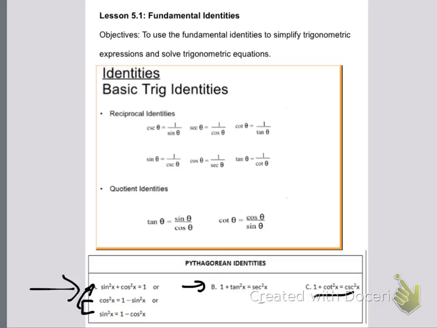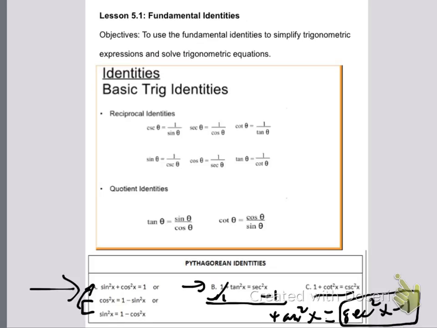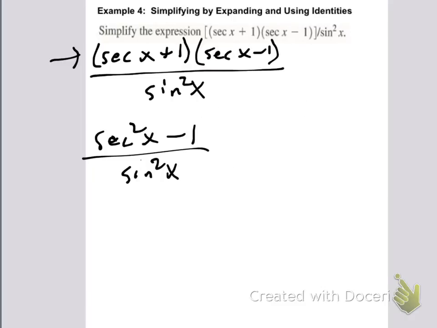It's not minus 1, but I could manipulate it so that it would be. So tangent squared x equals secant squared x minus 1. Well, this is the numerator of our fraction now, so instead of secant squared minus 1, we can put tangent squared in its place.